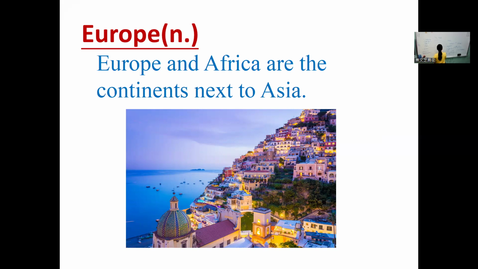So for example, this is Asia, and this is Africa. So here is Europe. This is Europe, this is Africa, and this is Asia. That's why Europe is next to Africa, beside Africa and Asia.